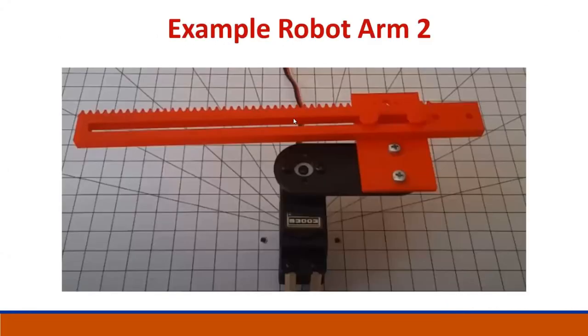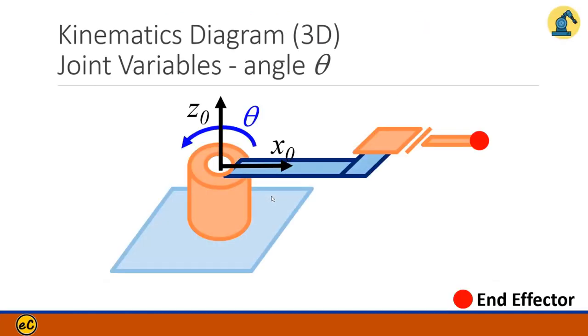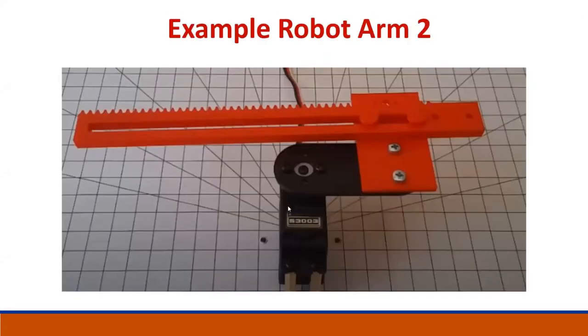So here, let's assume that we try to model this robot. Again, we have a revolute joint, and then we have an extender. This is the rotor, and then there is an extender going this way.